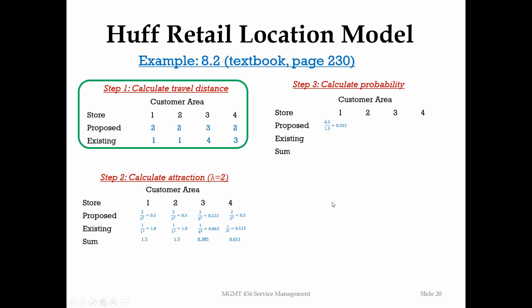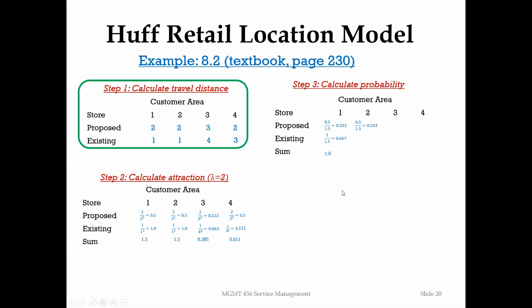Similarly, we can calculate the purchasing probability for those who live in customer area 1 from the existing store. Again, we'll use 1, the attraction for the existing store, divided by 1.5, which is the total attraction. Of course, if you add these two numbers, it will be 100%. It has to be 100% because these are the only two options available.